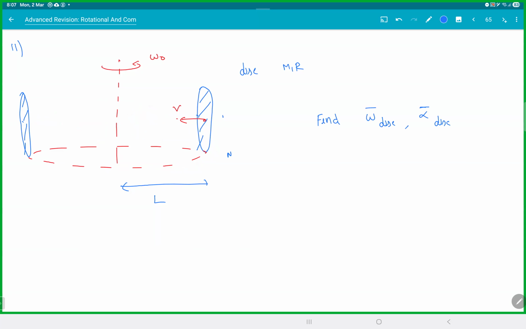There is no slipping on the floor. A disk of mass m and radius r is rotating in a circle of L. So it is like your cycle's wheel or car's wheel. It is just rolling in that red circle without slipping. And it is straight. Find omega of the disk and alpha of the disk.